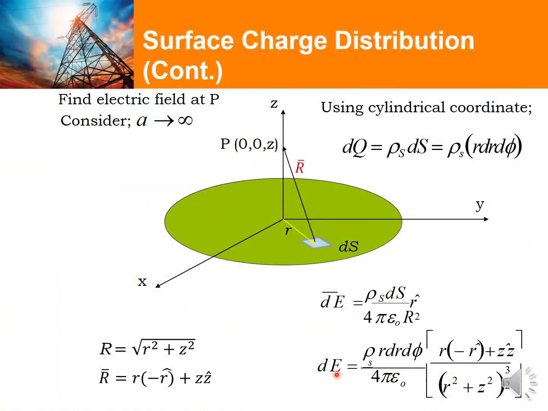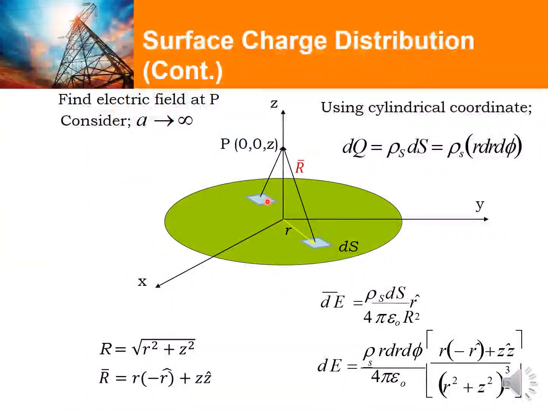But let's also consider that for a particular differential surface here on this circular surface area, there would definitely be an equivalent 180-degree opposite differential surface that will also become an electric field source that will affect point P here.